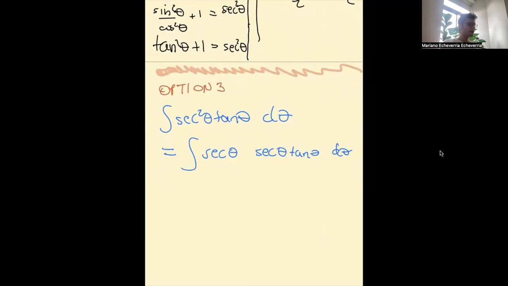But if I do it this way, that kind of suggests another change of variable substitution, which is what? If I write it this way, is there a suggestion of what could be the change of variables or the substitution?